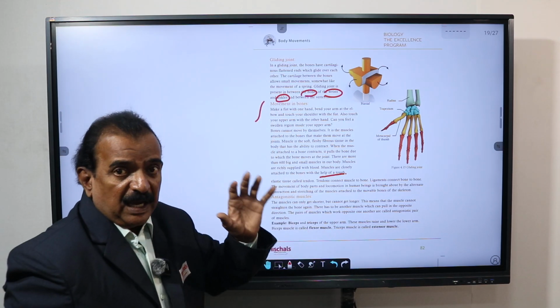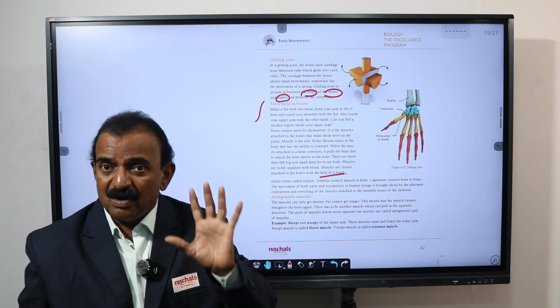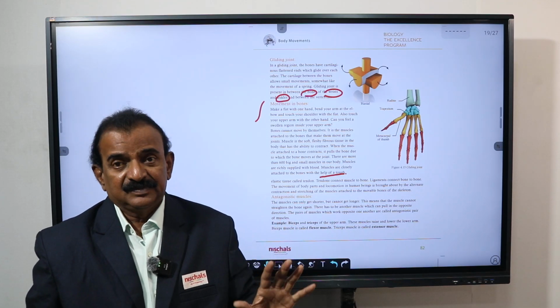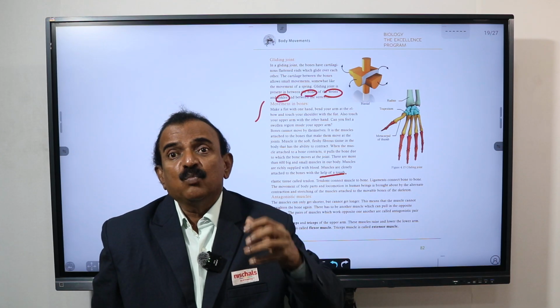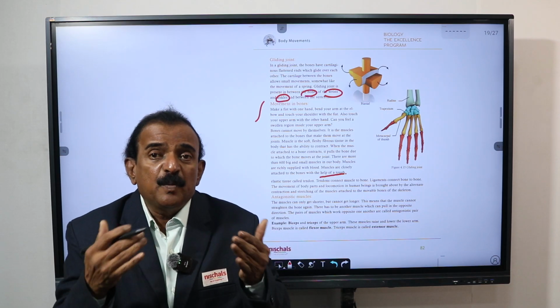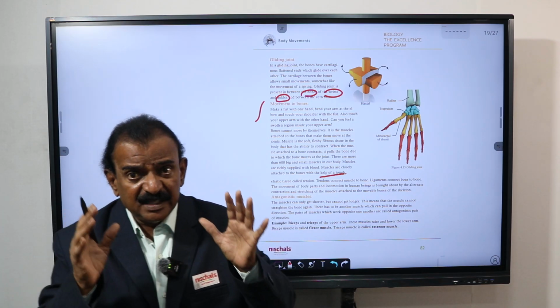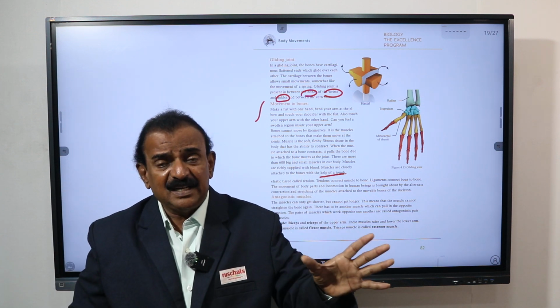Now you need to understand about movement in bones. Our skeleton system is made up of hard bones, and these bones can move because they have movable joints. The movement of the joints is under the control of structures like ligaments.